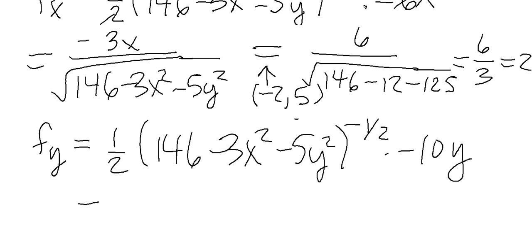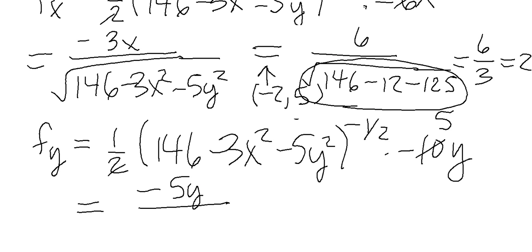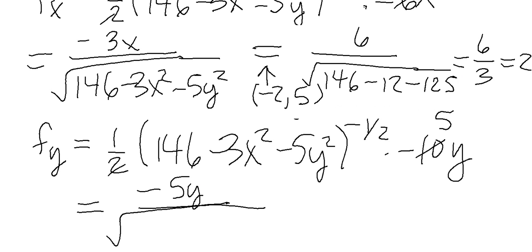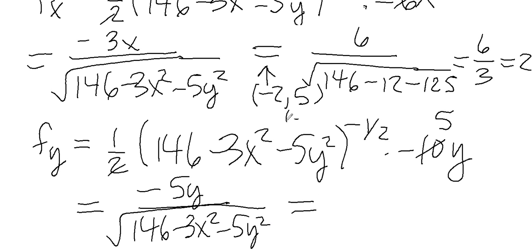And then down in the y derivative here, 2 goes into 10 5 times, so a -5y. And then again in the denominator, same square root that we had here. And then again evaluate at that point -2, 5.